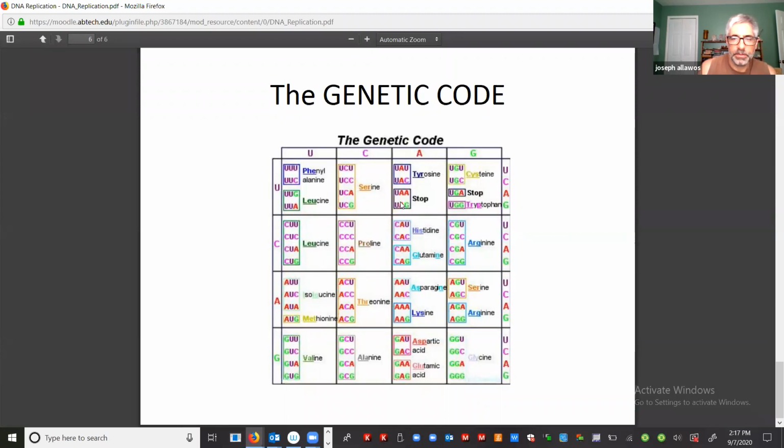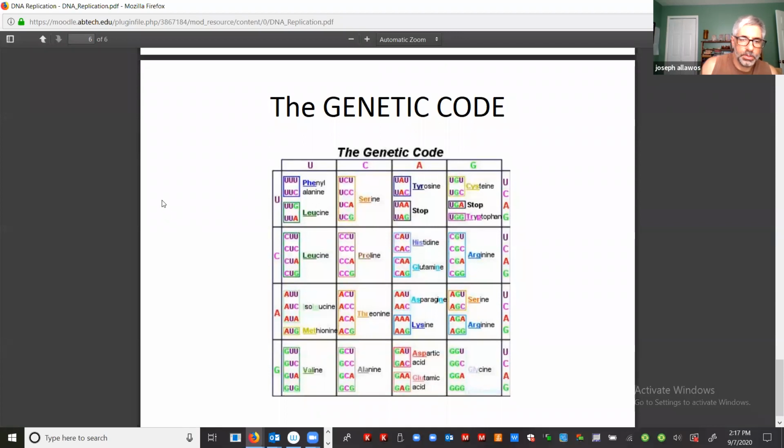I just have to look at this for a second to make sure that I use the right sequence. AUG, so it would be TAC. Don't worry, it's all going to make sense in a second, I promise. Okay, so here's a little piece of a DNA molecule. We're going to start with TAC.